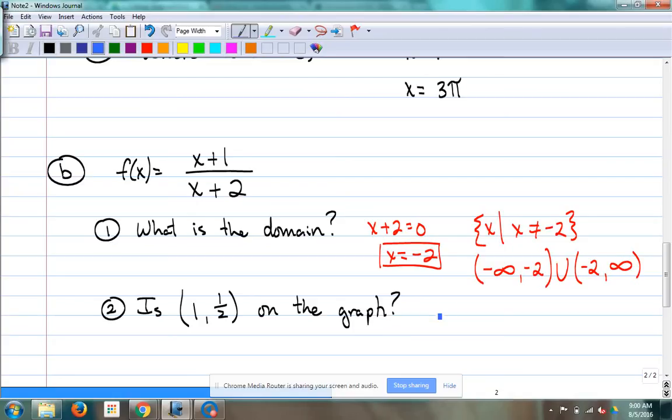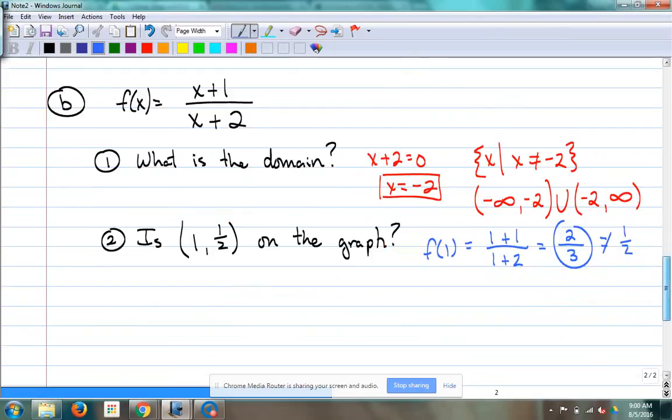Okay, I like that idea. F of 1 would be 1 plus 1 over 1 plus 2. So that's 2 over 3, which is not 1/2. This does not equal 1/2. So the answer to that would be a big old no.